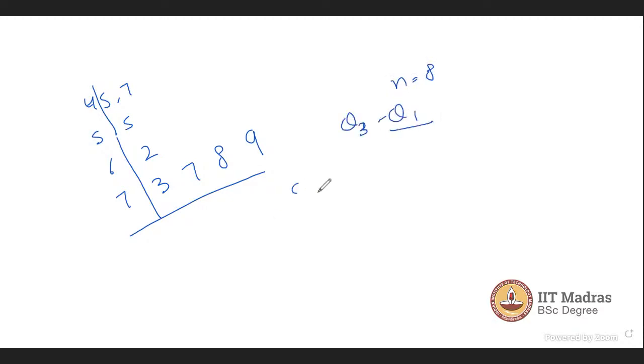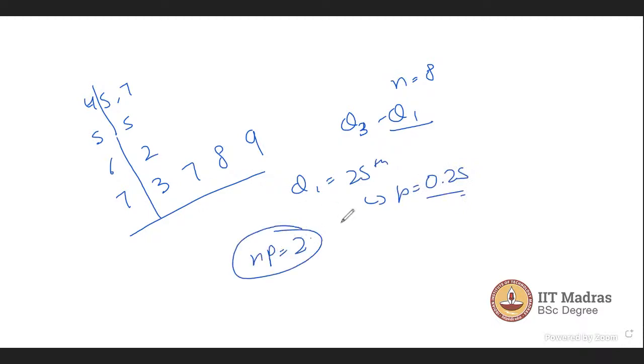Yes. So Q1 is the 25th percentile. P is 0.25, NP is 2. NP is an integer, so you have to take the mean of the second and third observation: 47 plus 55 by 2, which is 51.